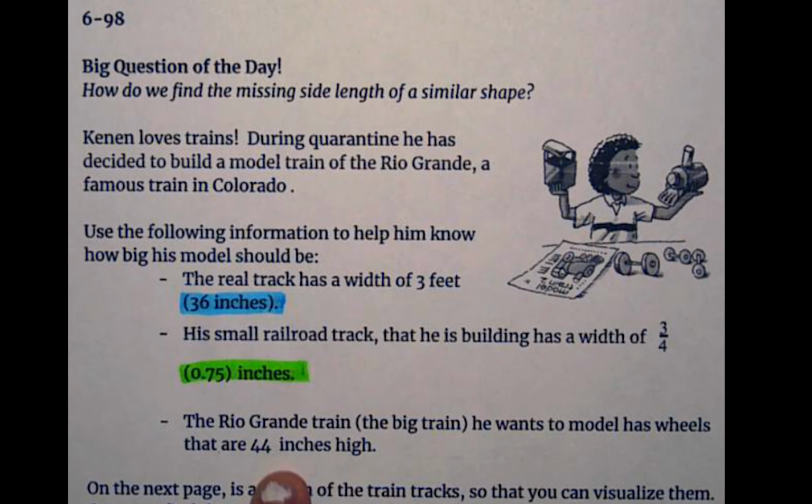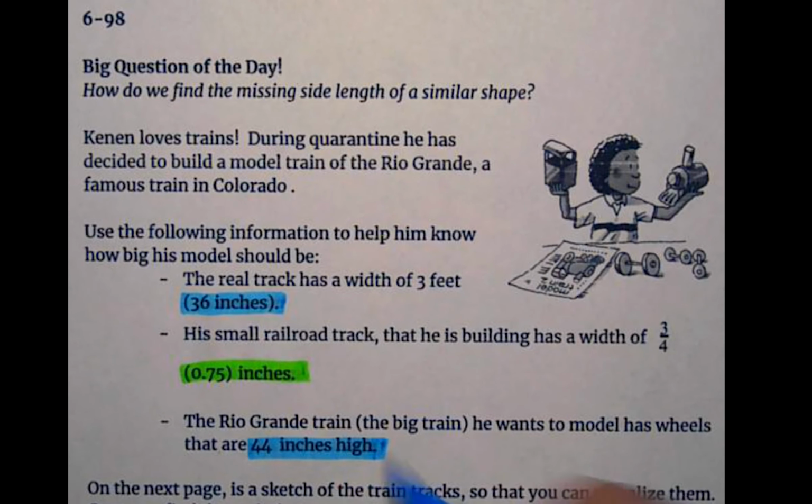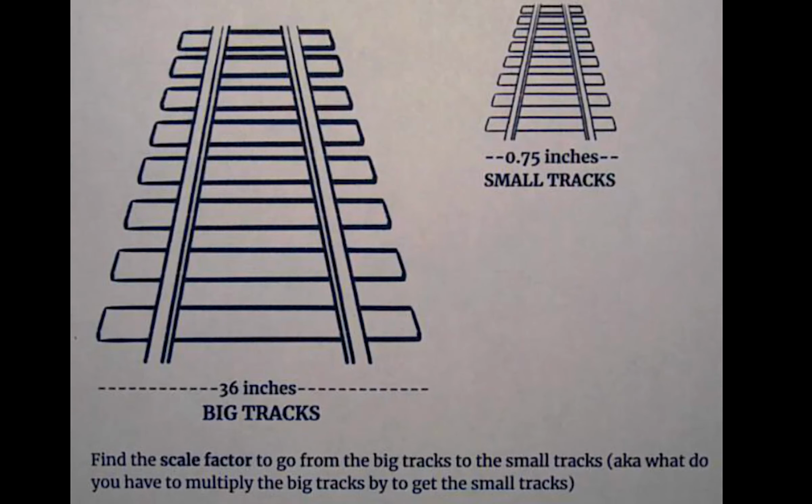Now, the Rio Grande train, the big one he wants to model, has wheels that are 44 inches high. And we don't know how high the wheels of his model train are going to be because that's going to be the small version. So let's flip to the next page and see if we can find the scale factor using the drawing that's on the next page.